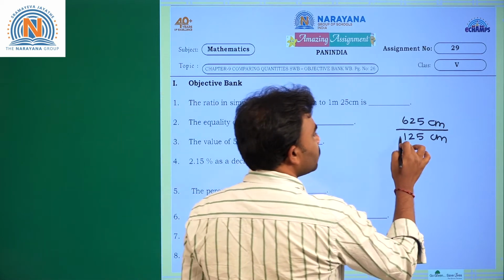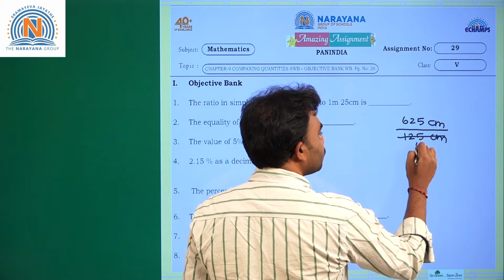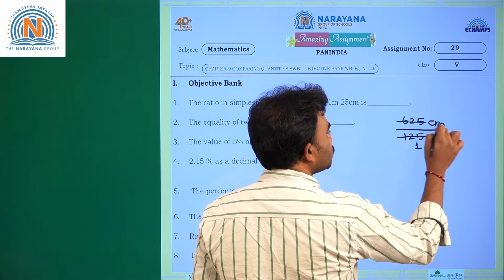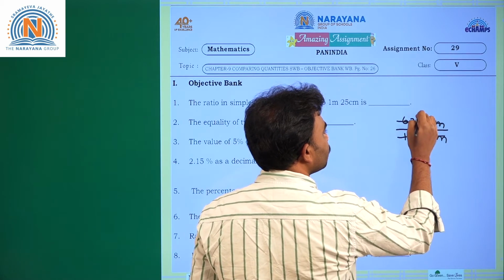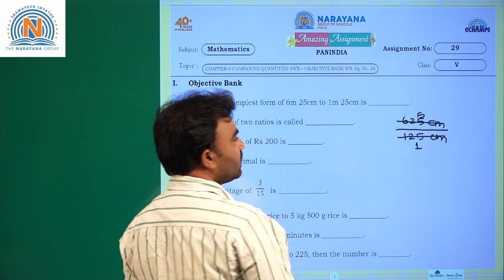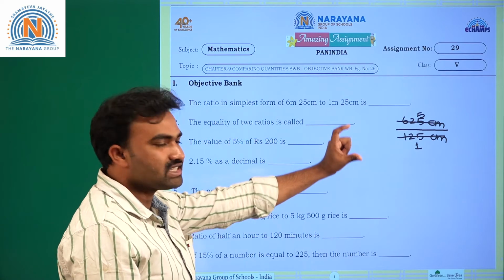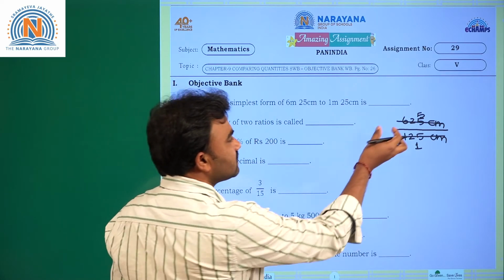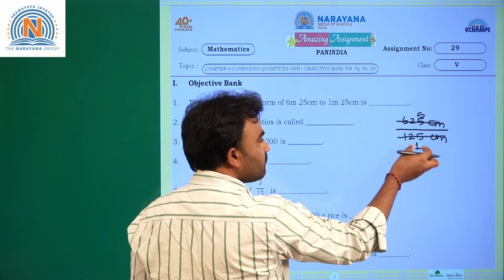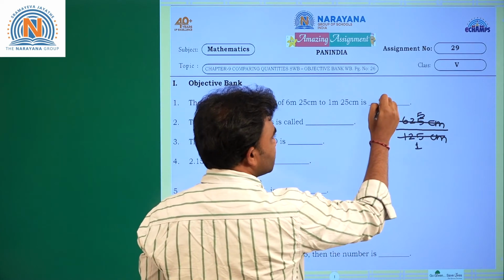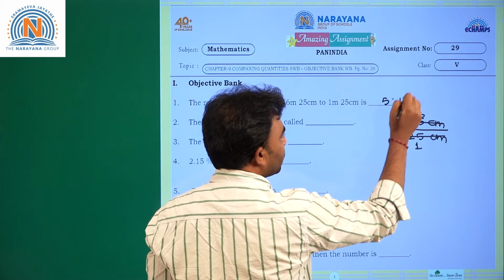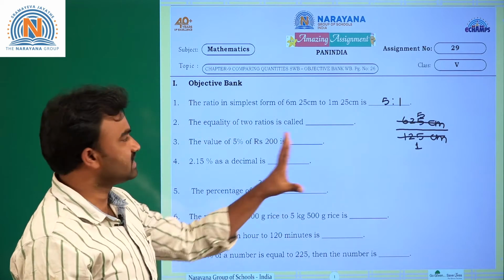Now we know that 125 ones are 125 and 125 fives are 625. So the fraction is 5 by 1. The ratio form of 5 by 1 is 5 is to 1. That is the ratio.